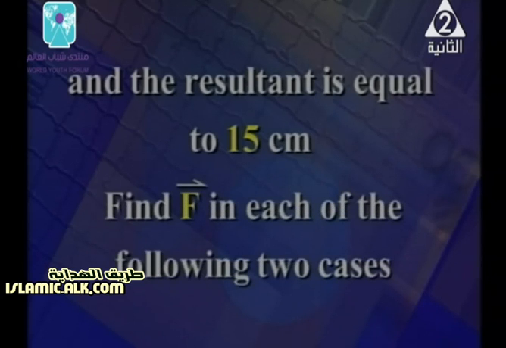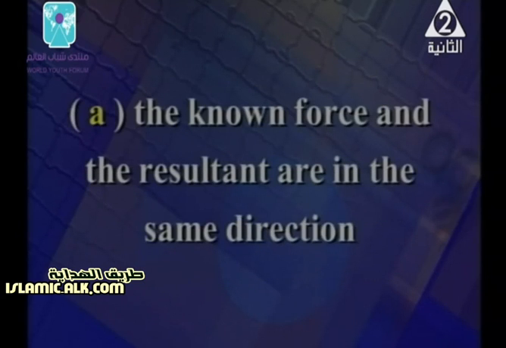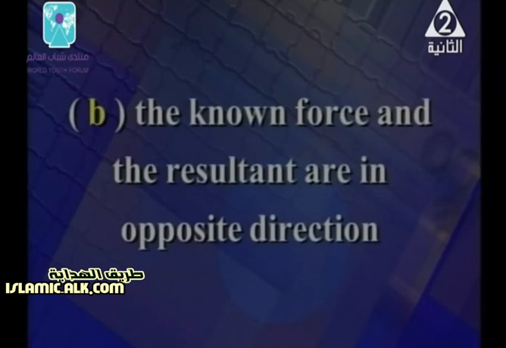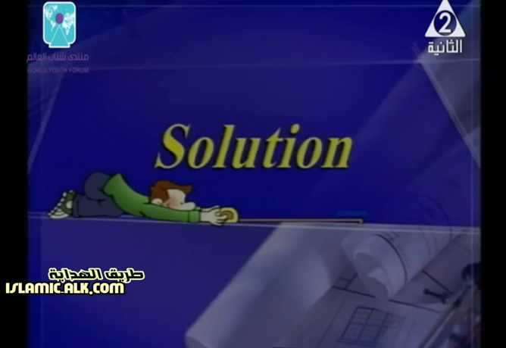Find F in each of the following two cases. The first, the known force and the resultant are in the same direction. The second, the known force and the resultant are in opposite directions. Look at the solution.